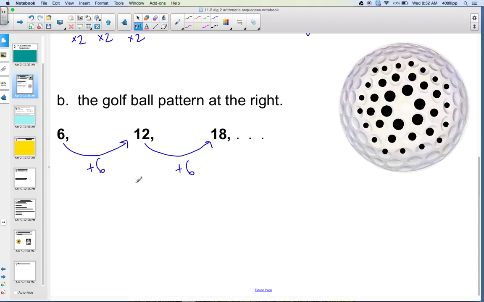And we can. So we're adding 6. Or you can use that little formula that we learned before, taking the second term minus the first term: 12 is your second term, 6 is your first term. So your common difference d is 6, and therefore this is an arithmetic sequence.